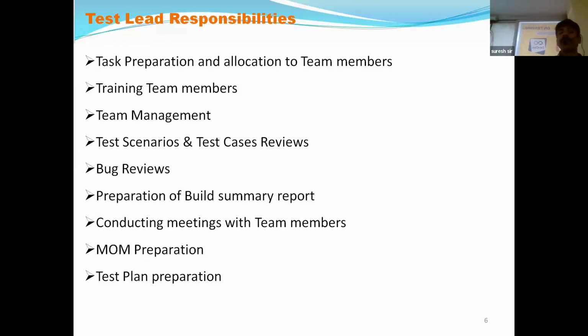You will take care of tester, senior tester, and then test lead. Along with that, you will look at the test manager. We need to understand the last one, the job role of the test manager.